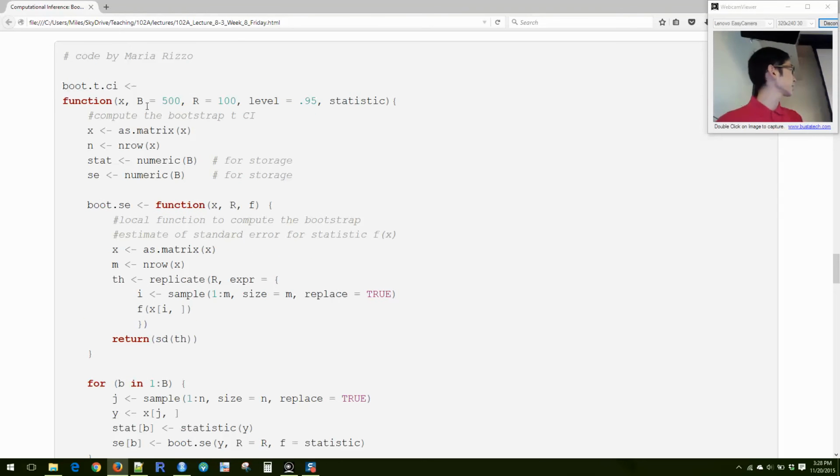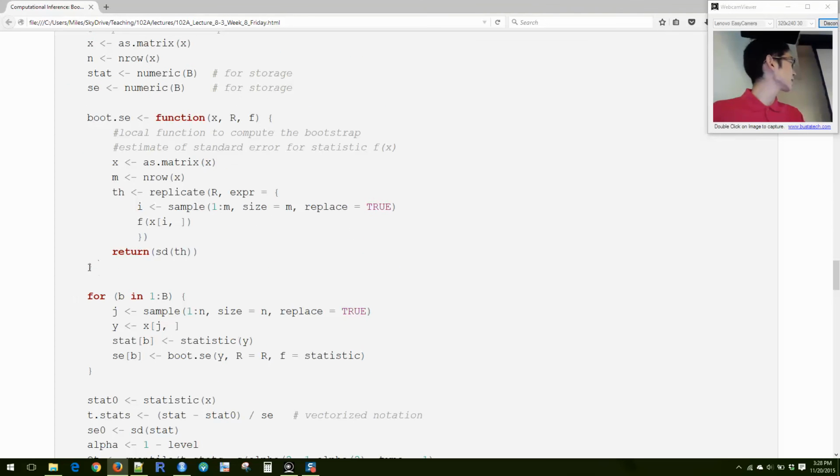On the outside we define the big bootstrap, which is how many B bootstraps we do, and this R is how many bootstraps we do within the bootstrap, to get the estimate of the standard error of each standard error estimate. We take our data and set storage places for the statistics and the standard error.